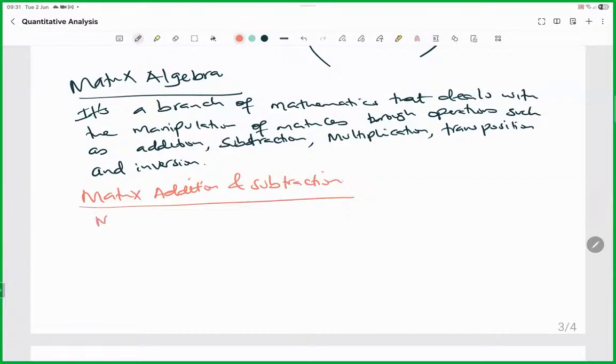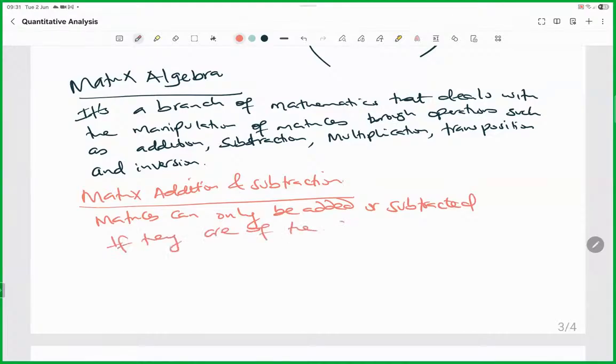Matrices can only be added or subtracted if they are of the same order.